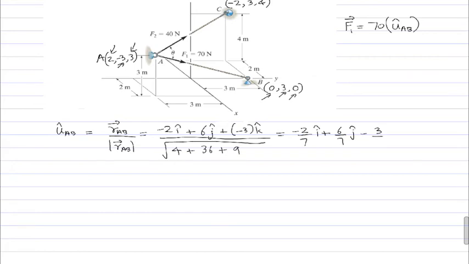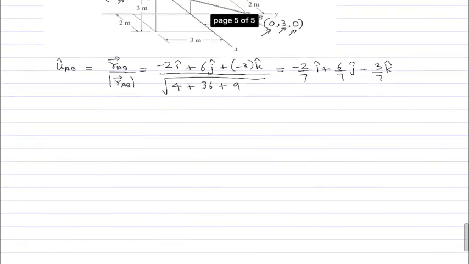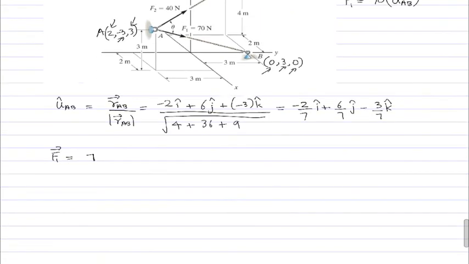Now, to find the Cartesian vector F1, we just multiply 70 newtons by the unit vector AB.